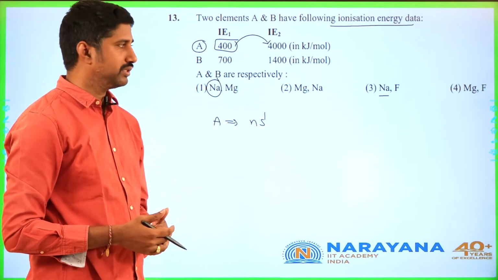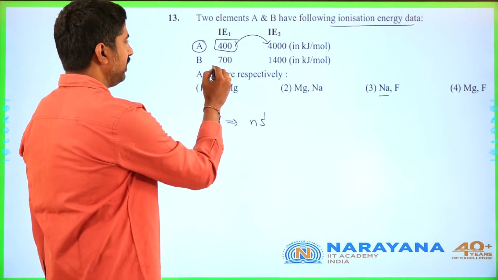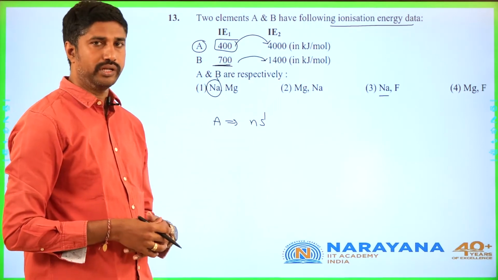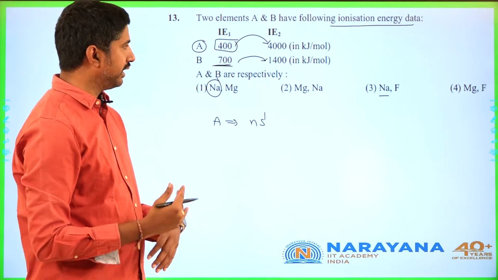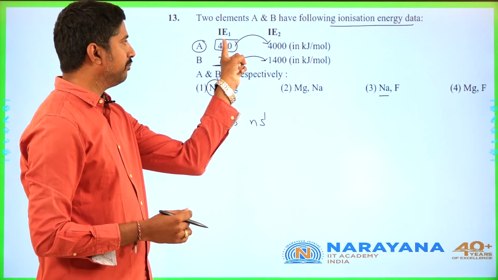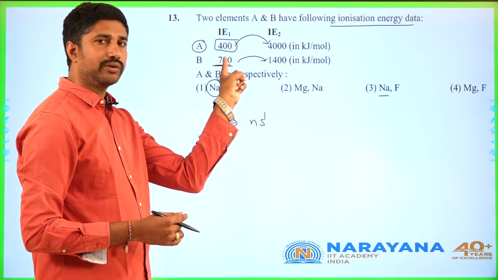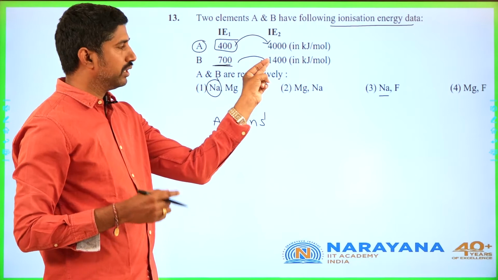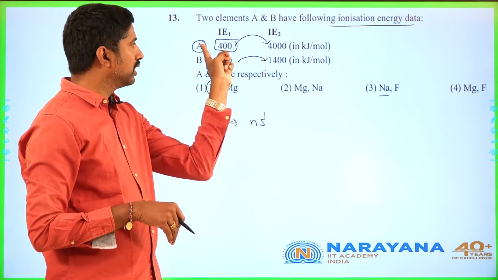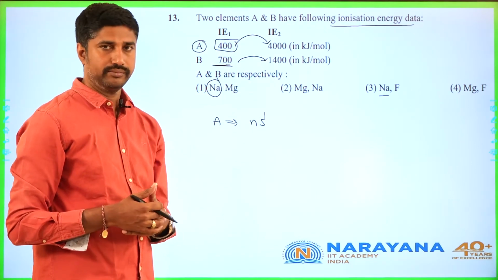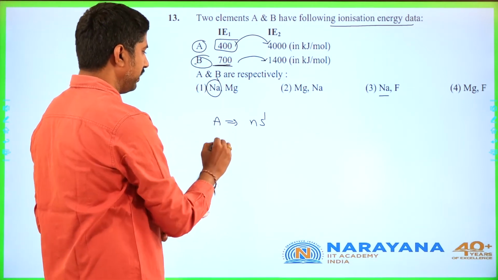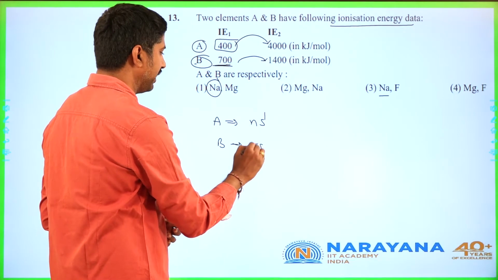Now examine the second one: 700 and 1400. Removal of the first electron in B is difficult compared to A, but removing the second electron is somewhat easy compared to removal of the second electron in A. So we can assume that B may have the configuration ns2.